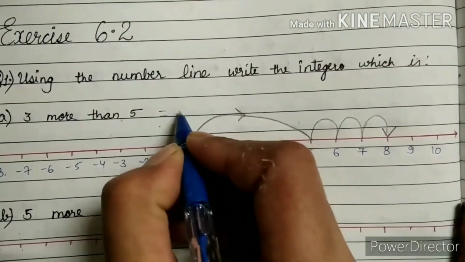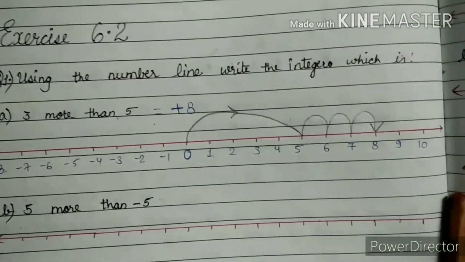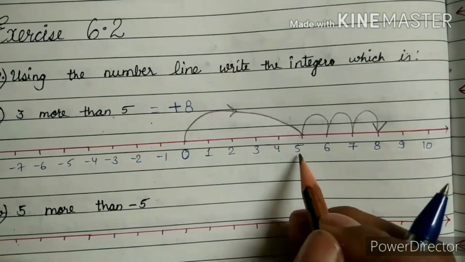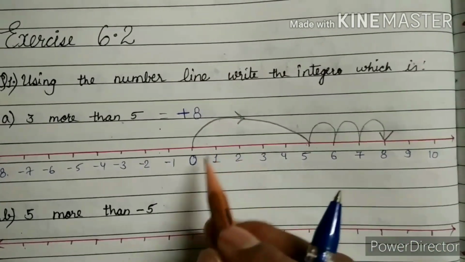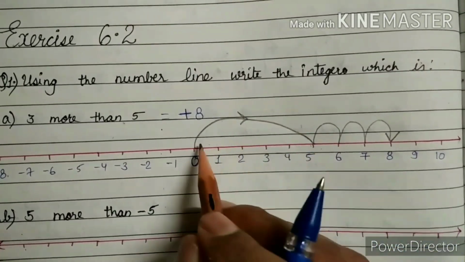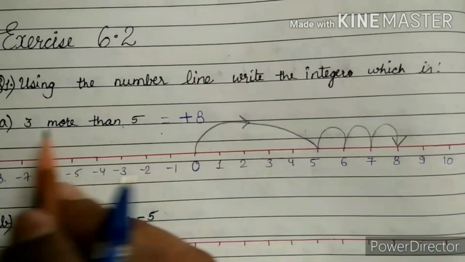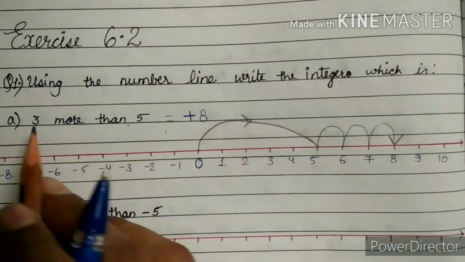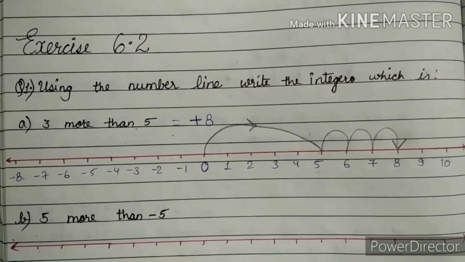So its answer will be positive 8. Directly from 0, the bigger jump puts us on the 5, then we take the small jumps given in the question. 3 small jumps we have to take.